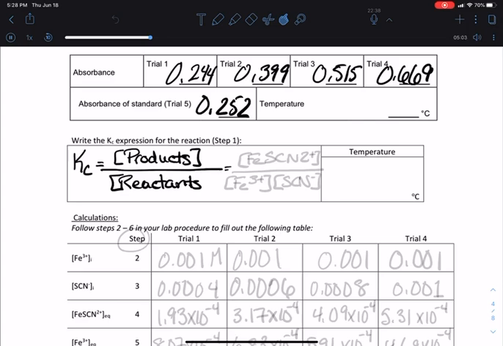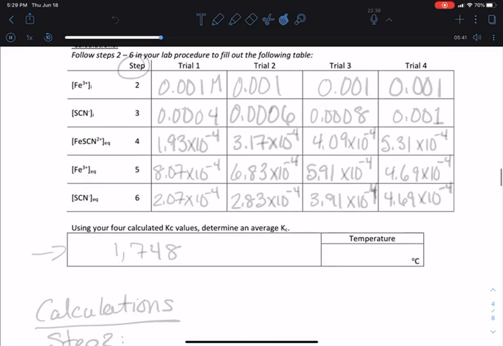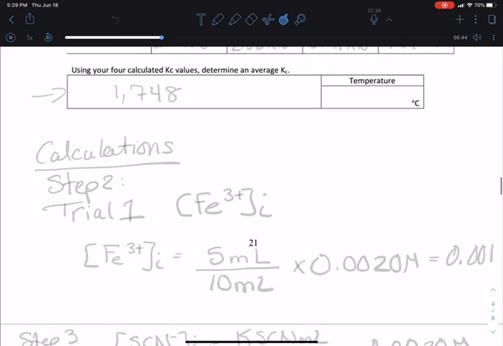So for this equation, in the previous pages, it would be the concentration of iron thiocyanate, it's a metal complex, which you get to learn about later. They're very cool. Divided by our reactants. So on the next few pages, I'm going to work these out to fill in this form.